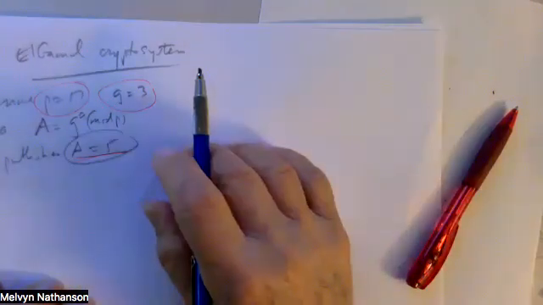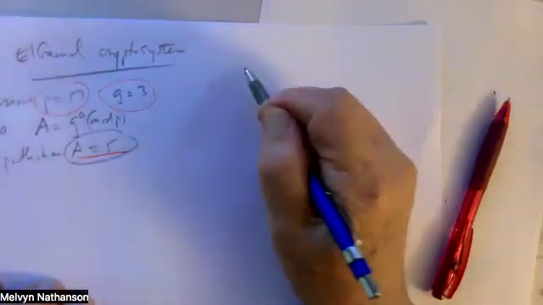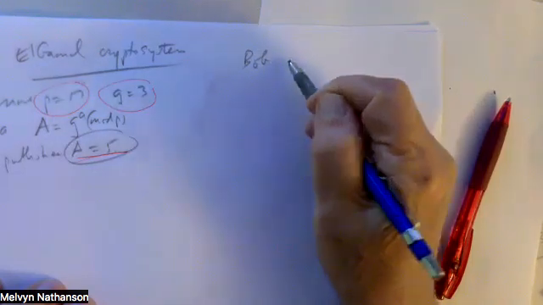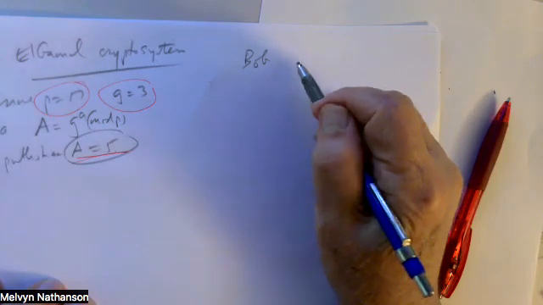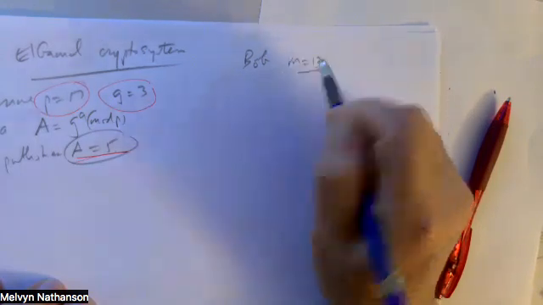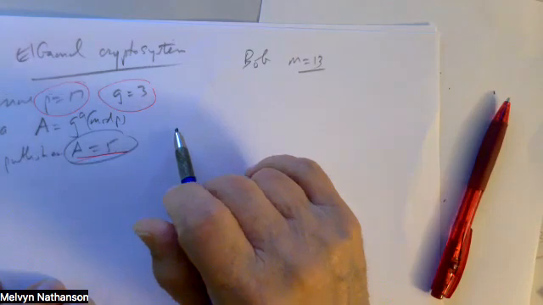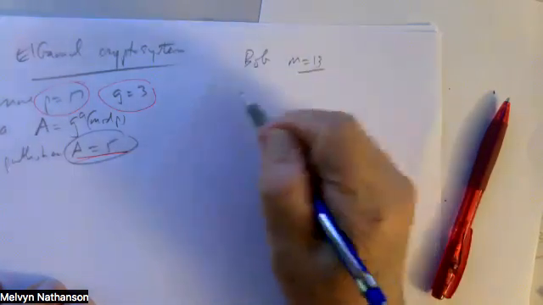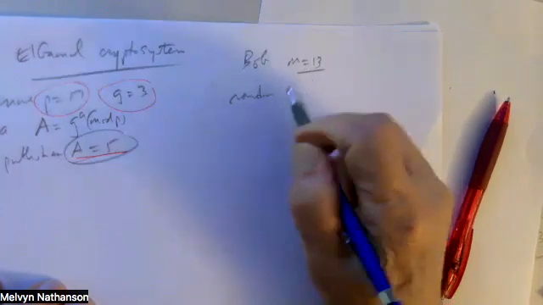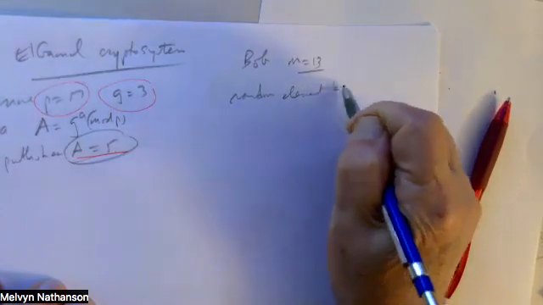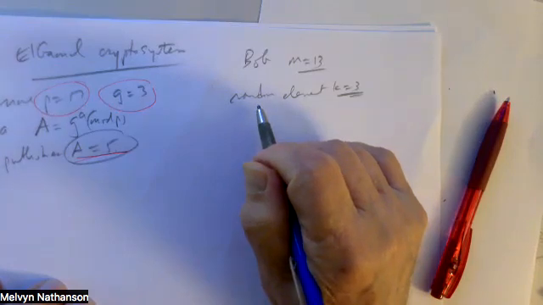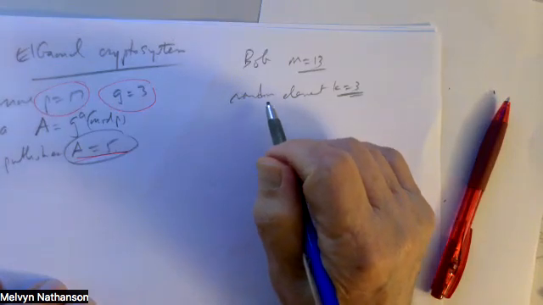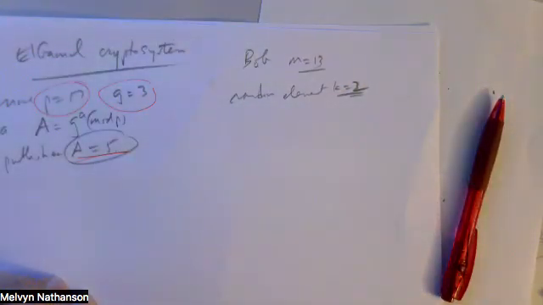Okay. Now, Bob has the message, the plain text, m equal to 13. So he chooses a random number k, in problem 17, k equal to 2.